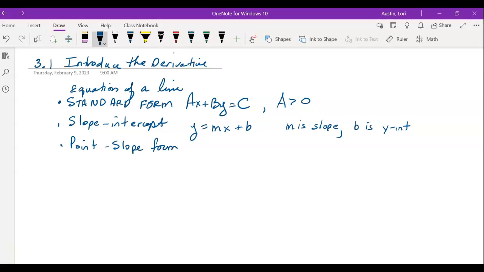Your slope intercept form is just a special case of the point slope form, and the one point it uses is the y-intercept, which is (0, b).